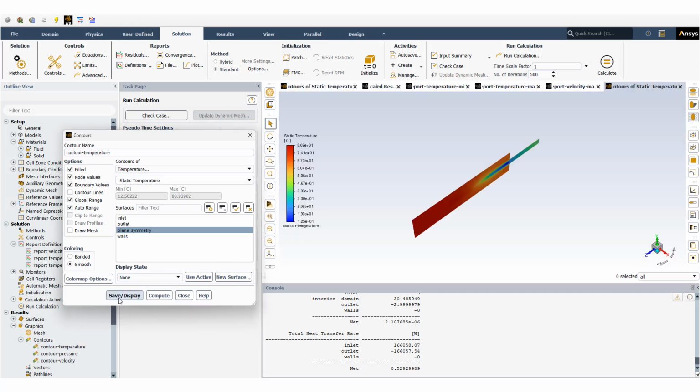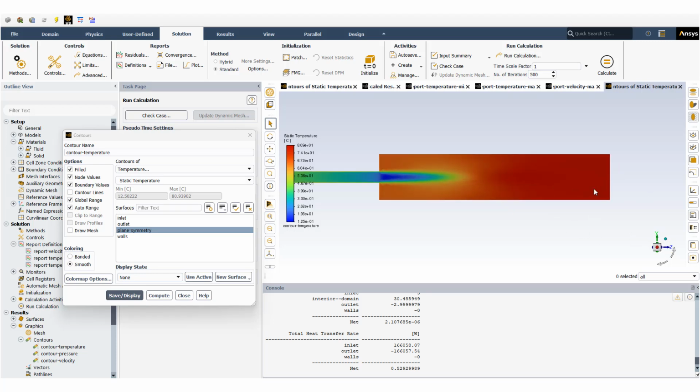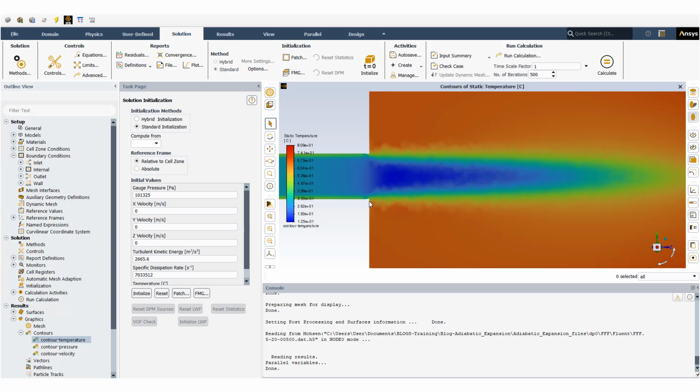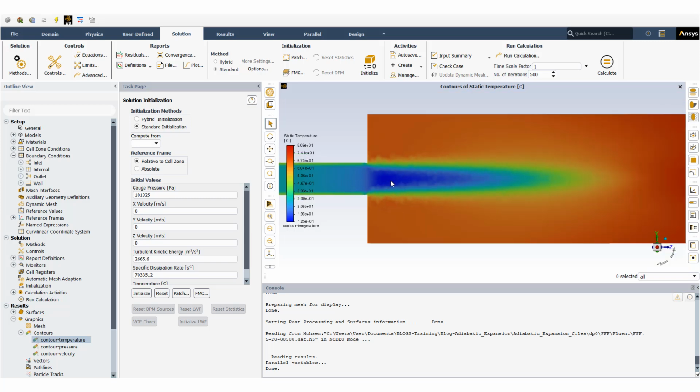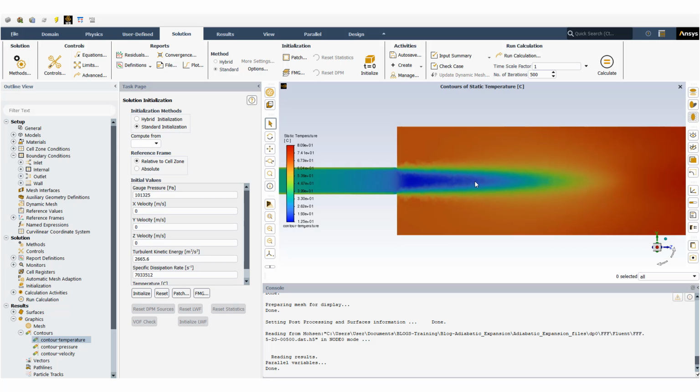Okay, let's see. You can see that warm air is coming in, and after entering this sudden expansion we see a much lower temperature here, about 12 degrees. This cooler zone expands and penetrates into this area.